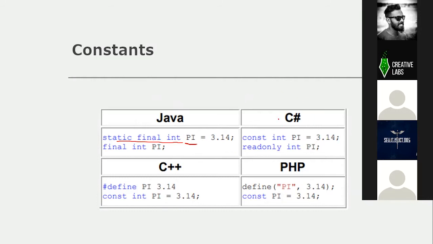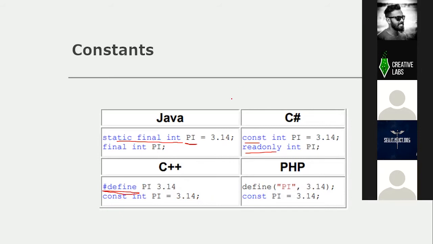And if it is C#, we use the const keyword, and we use int, or else we can use readonly. So both ways we can do it, right? And for C++, we need to add this annotation, #define pi, or else we can use const pi equal to 3.14.